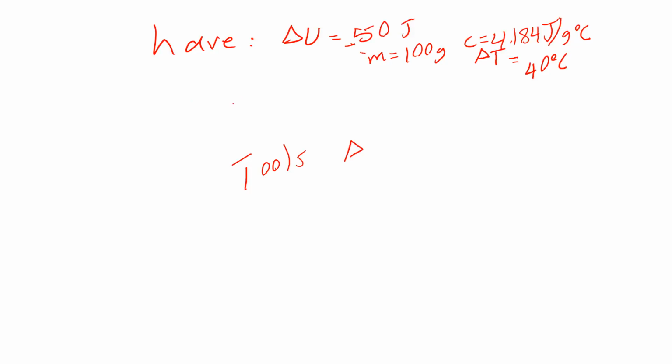So we have delta U is equal to MC delta T minus work. And what do we want?